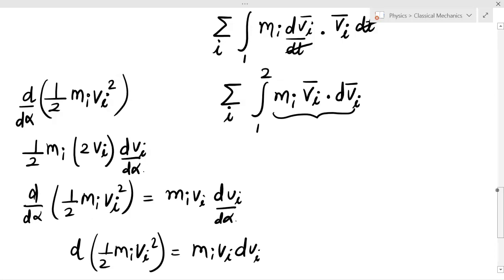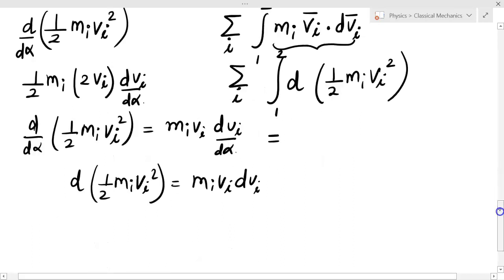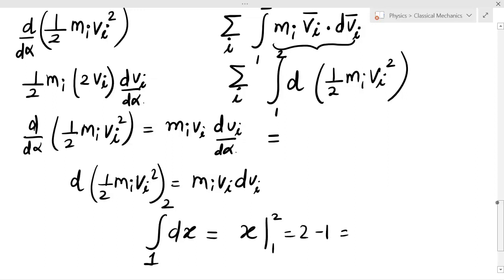So the same thing we are going to do over here. Instead of mi vi bar dot dvi bar, I am going to write d of half mi vi square. So this is the integral from 1 to 2, and this is summation over i. In this way, if I have some dx and I take the integral of it from position 1 to 2, I will get x, and the limits will be kept as 2 and 1, so this will be 2 minus 1, which is 1.